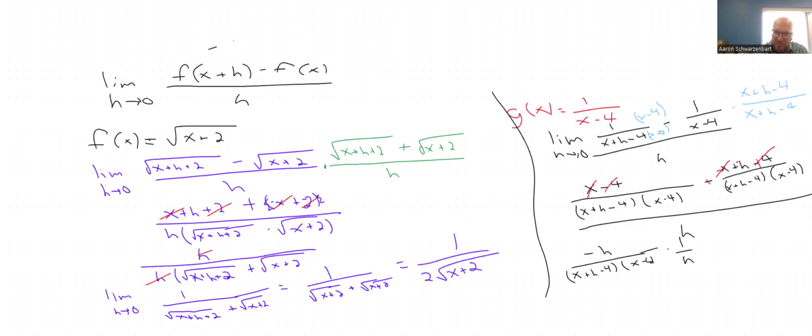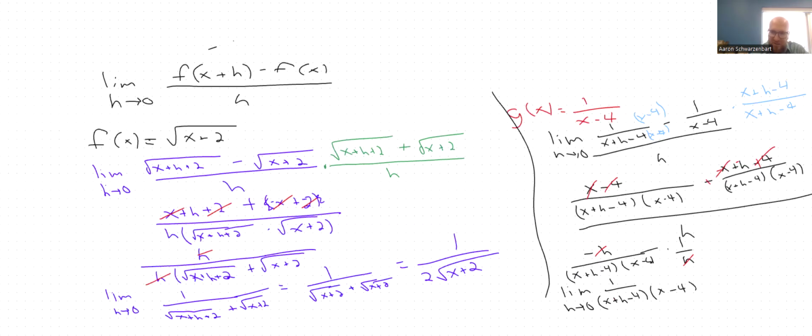The key to definition of a derivative. And we have limit as h approaches 0 of negative 1 over x plus h minus 4 times x minus 4.